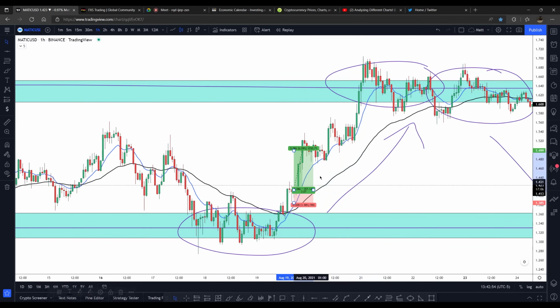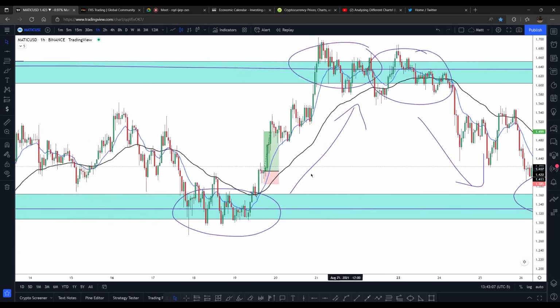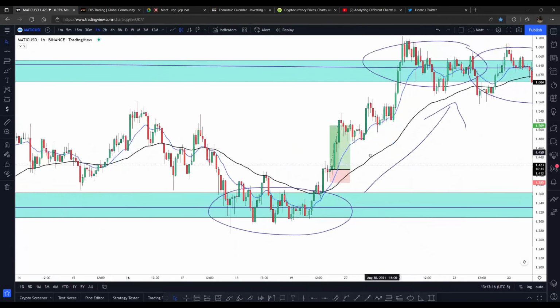And in this case, because we're rejecting the lower portion of this range and moving to the upper portion, in this case, being more aligned towards having different buy setups, right? So being a bull in this case would have been more favorable from a risk to reward perspective.